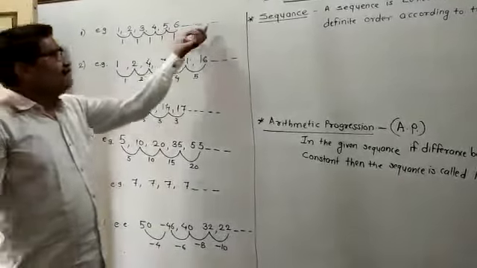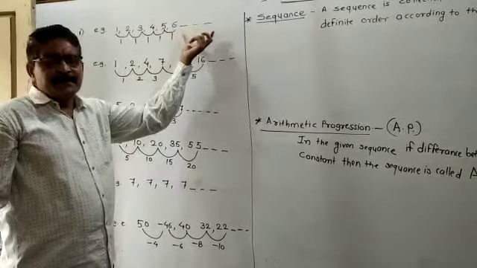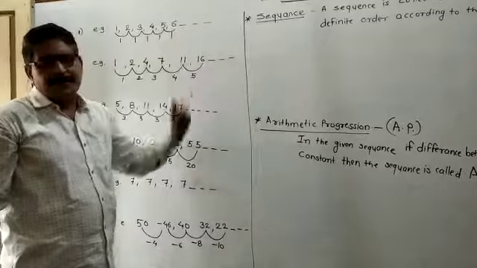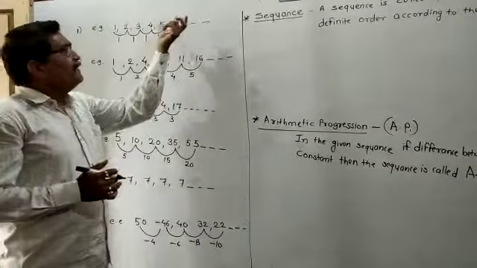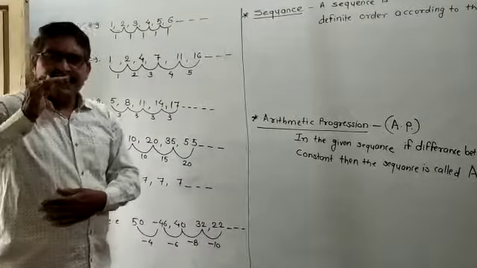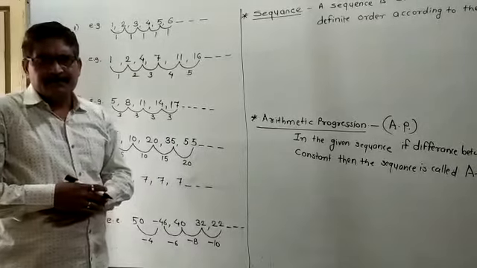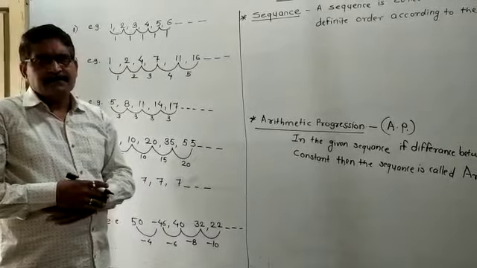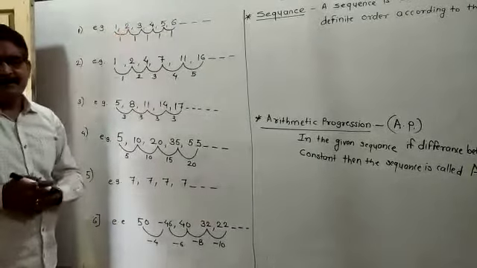And the dash means this series is continued. Frequently the next numbers will come in the same order. The next number is greater by 1 than the previous number, so the next number is bigger than the previous number by 1.